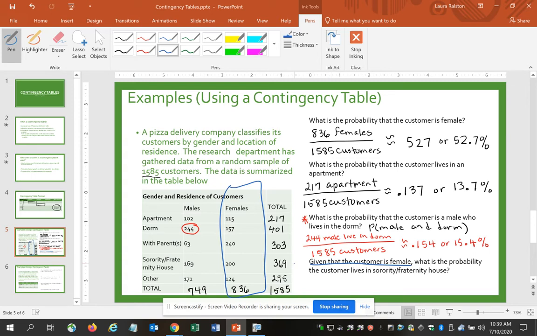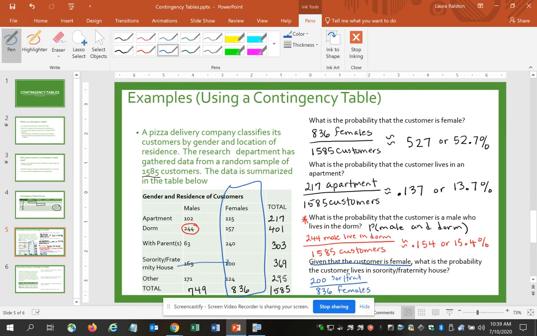So I'm only focusing on the females. And it says, what is the probability they live in a sorority or fraternity house? So then I'm going to come over here. Sorority and fraternity house, and that's 200. So I have 200 that live in the sorority or the fraternity house. Out of, and here's where it's different, we're not looking at the entire data set anymore. We're only looking at the females. Out of 836 females.